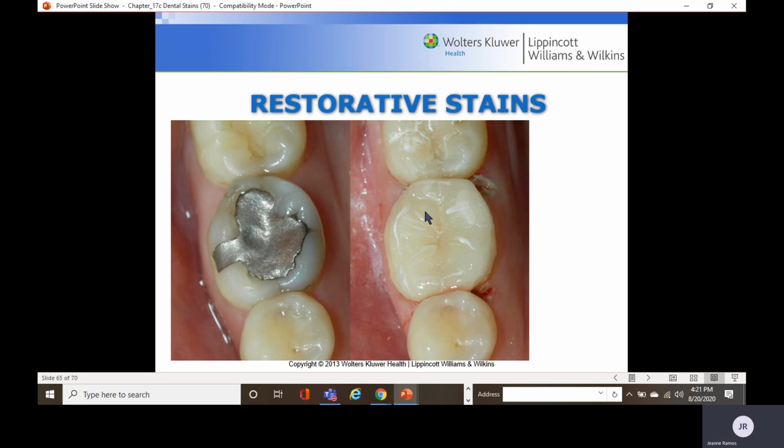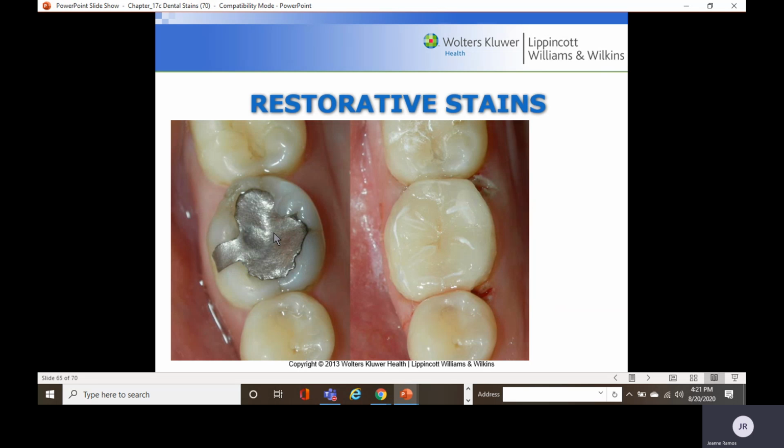And what I want you to see is this is what the tooth should look like. And this is from an amalgam right here. And the amalgam is old, you can see, because it looks like it's lifting a little away from the tooth. It should be smooth. Those outside margins of this amalgam need to be smoothed down to the enamel.